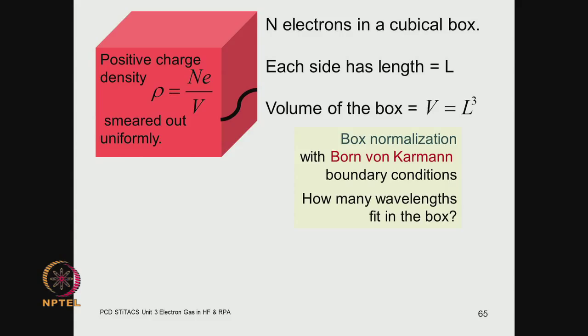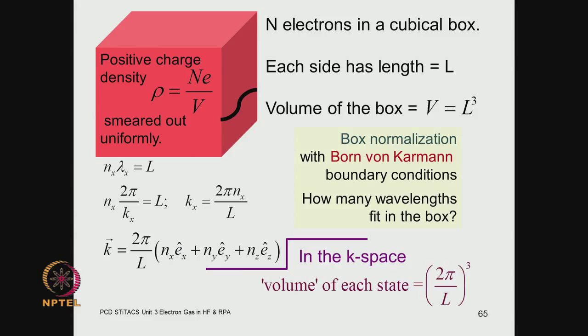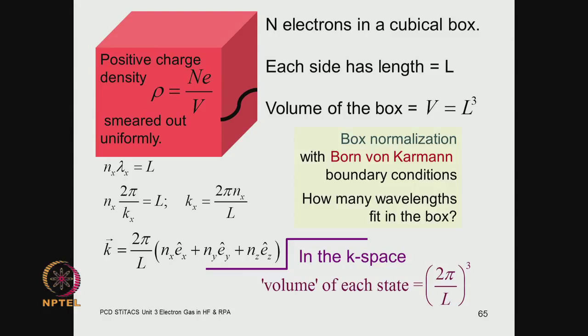We estimated the number of wavelengths that will fit in a box, and we get a quantization condition. So this is the discretization of the continuum in a certain sense, and that gives us a condition on the wave vector, and essentially what you find is that you can talk about an average volume for each state, because you get from one state to the next by changing the integer quantum numbers, and the average volume for each state will be the cube of 2 pi over L, as you can see quite clearly from this.